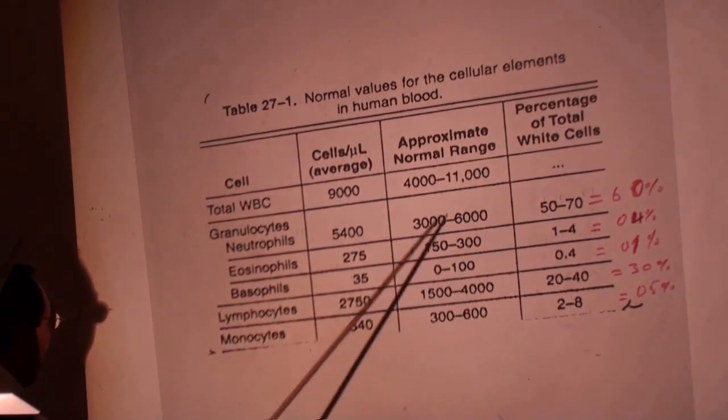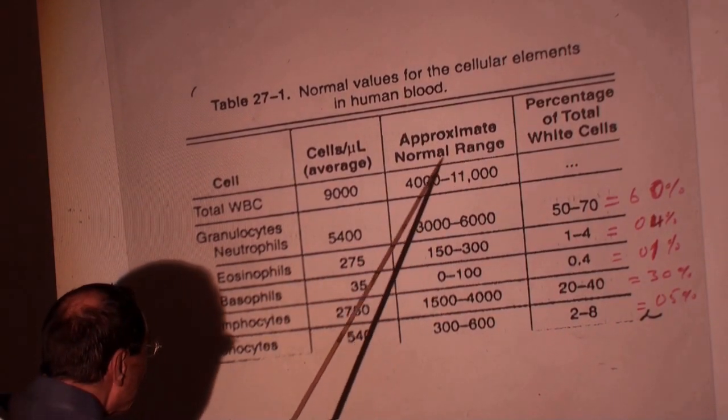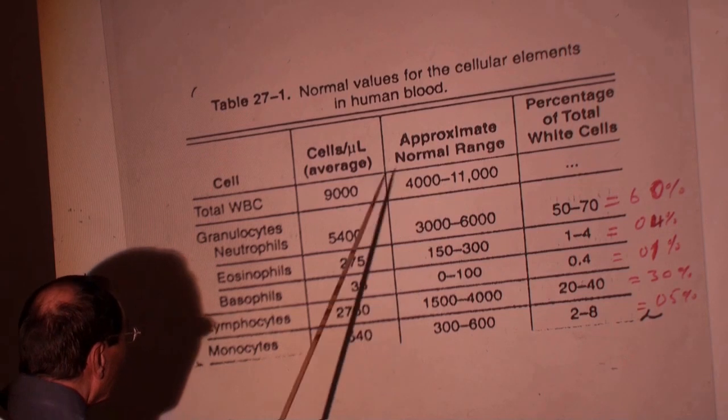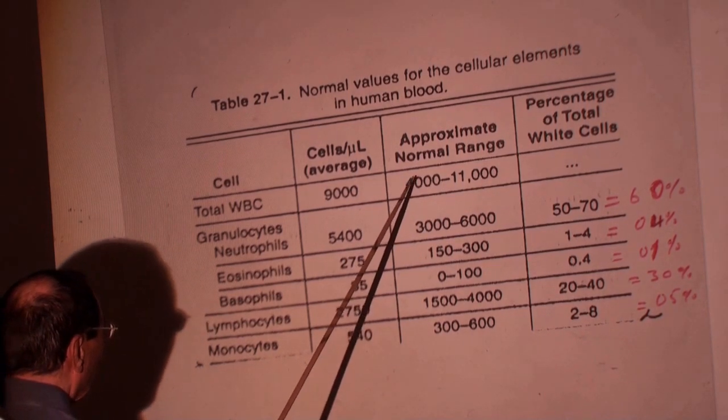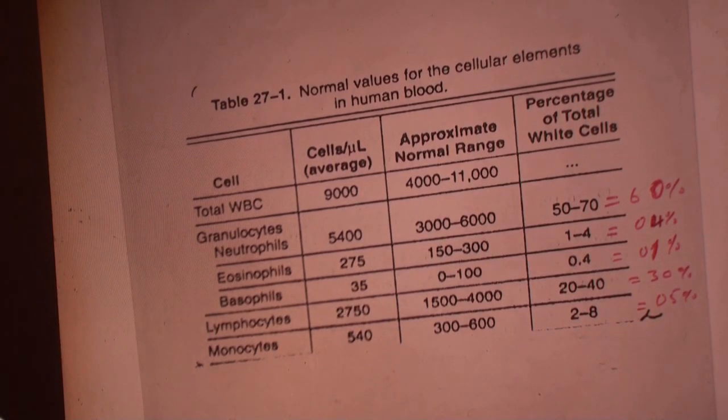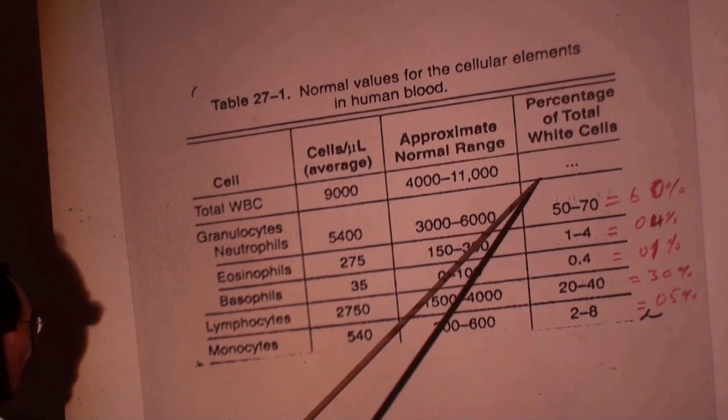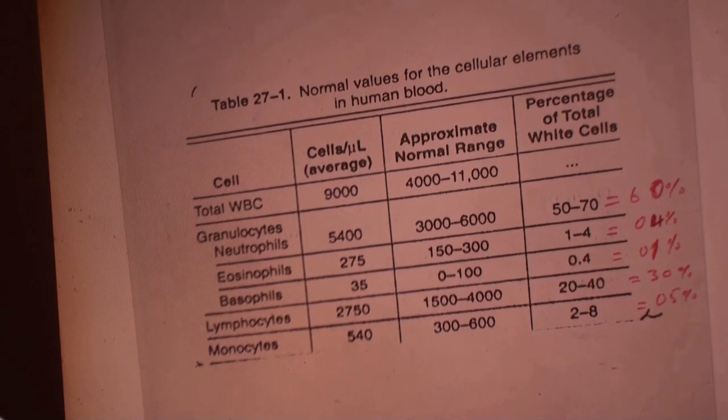This figure ranges, let us say, in one person, 5,000 white blood cells. This is just 50% of the white blood cells in the body. Then we count just 50% in the circulation.